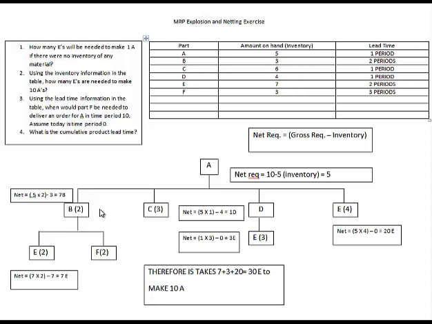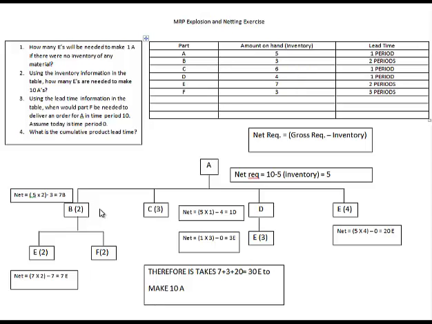So if we have to make 5 A's, how many B's are going to be required? Well, it's going to be 5 times 2 B's. So you'll notice I put a little box in. The net required for B's is the 5 A's times 2 B's. That's equal to 10. But if we look at the inventory that we have for B's, we have 3 in inventory.